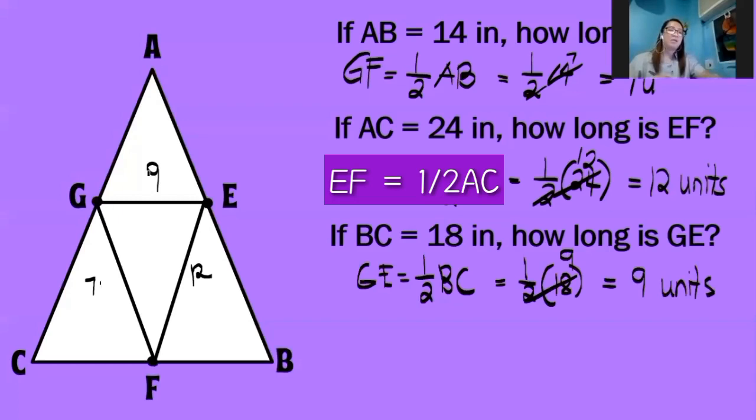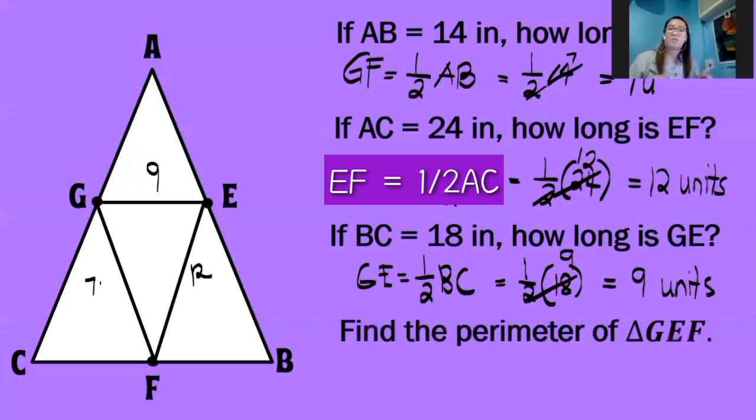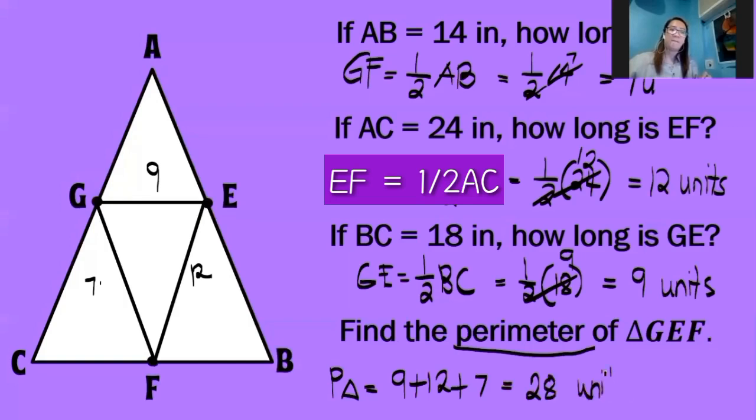Okay? Now, the last question is, find the perimeter of triangle GEF. When we say perimeter, it is the sum of all sides of a triangle. So with that, the perimeter of our triangle is equal to 9 plus 12 plus 7, which is equal to 28 units of the perimeter.